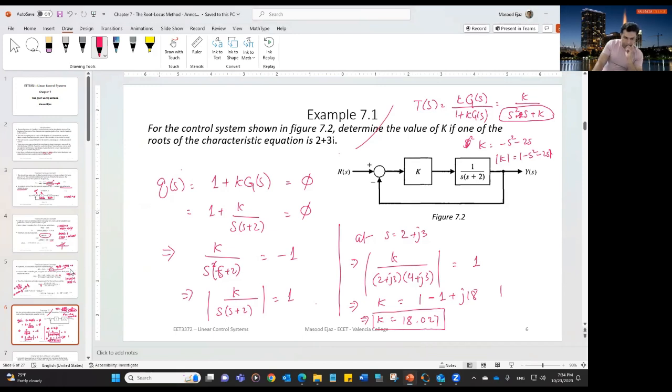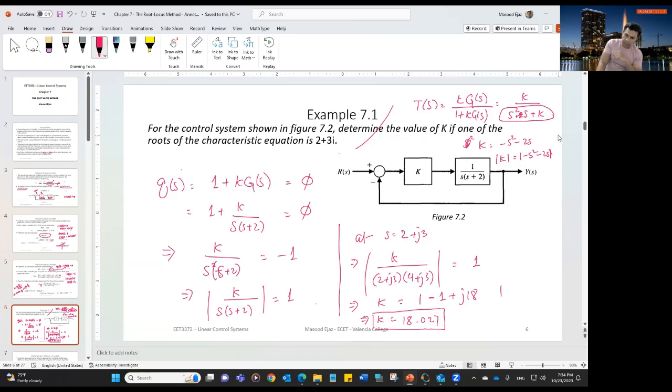If you have this equation right here, s squared plus 2s plus k, and you change the value of k each time, starting from, let's say, 0 all the way up to a very high value, then your quadratic equation, or the characteristic equation, will be different.